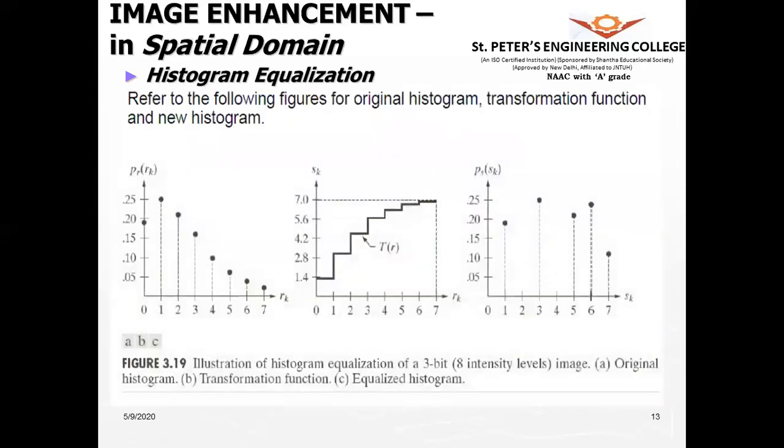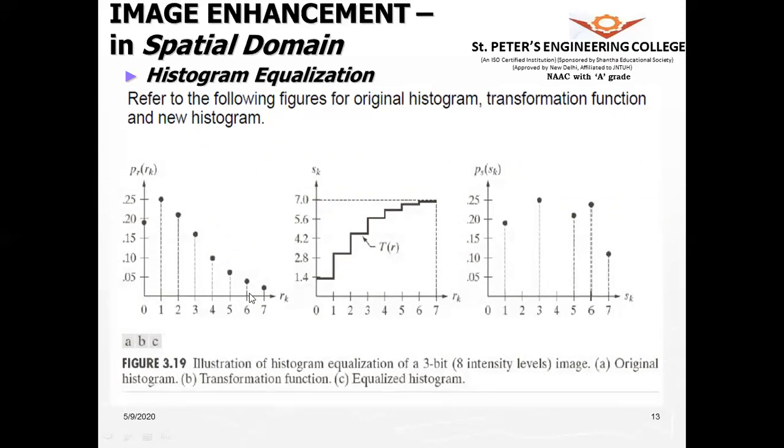Next, this is how we are plotting the original histogram, and this is the transformation function, which is shown as a cumulative, and here is the equalized histogram. You can observe that what was concentrated at this point is now spread out.